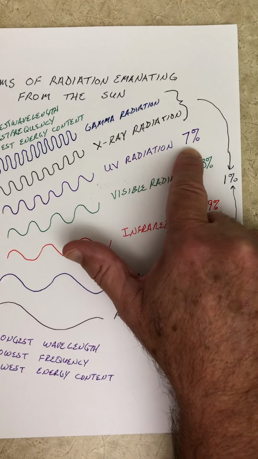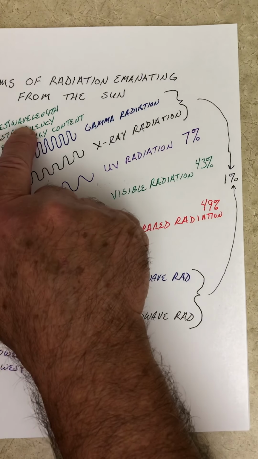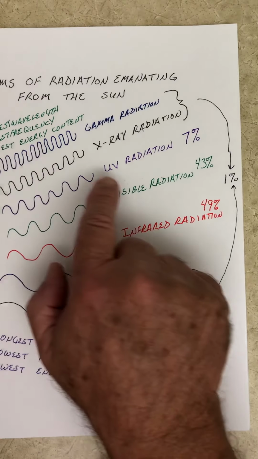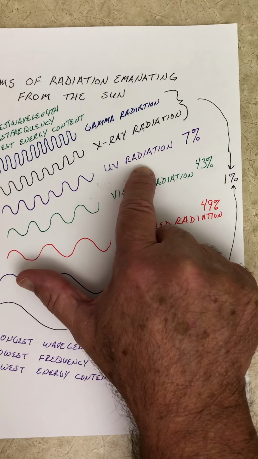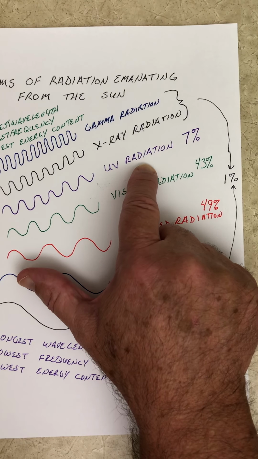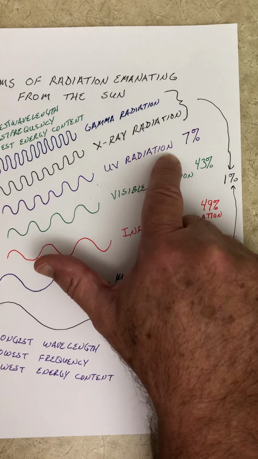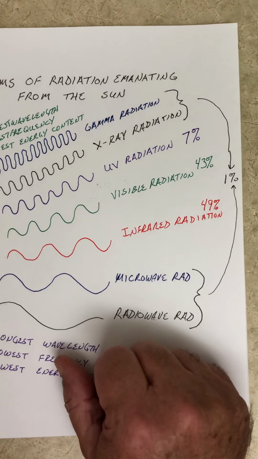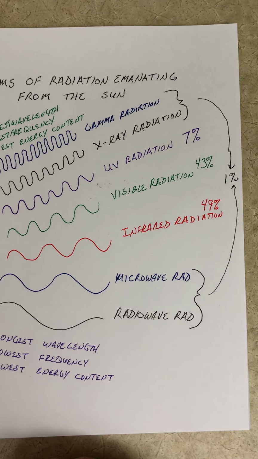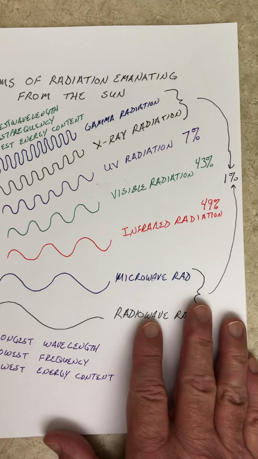So even though ultraviolet radiation has a short wavelength, a high frequency, and a high energy content, and you still need to be careful when you're outside because of ultraviolet radiation, a lot of what we receive from the sun is absorbed in the stratosphere, which is why the ozone up in the stratosphere is so important. Okay? I get geeked out by this stuff. This is really cool. So if you have questions, let me know. Take care.